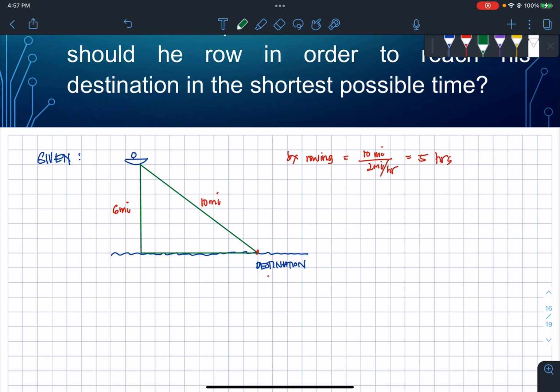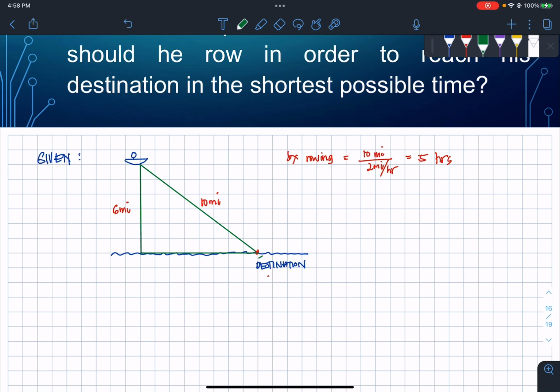This is the nearest distance the man can row, so it would just be 6 miles. However, after he rows 6 miles, the final destination is at this point, so he needs to walk from this point until the destination.